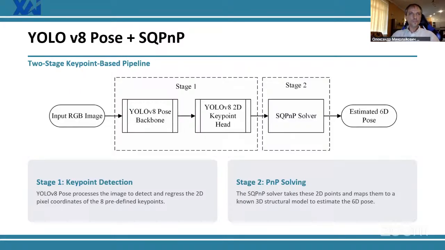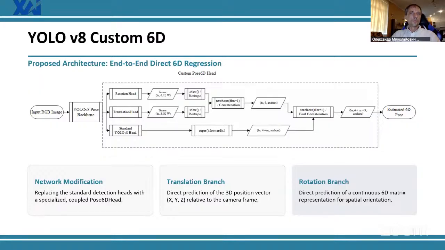Next slide, please. So to solve the error propagation problem, we propose a new single-stage architecture called YOLO Custom 6D. We eliminated the PnP solver entirely. Instead, we modified the standard YOLO architecture by introducing a custom Pose 6D head.